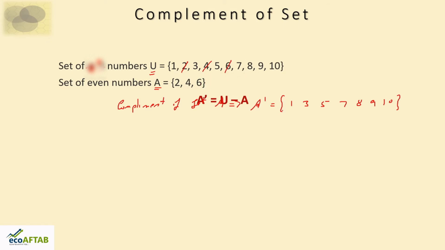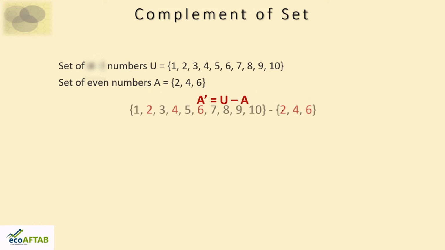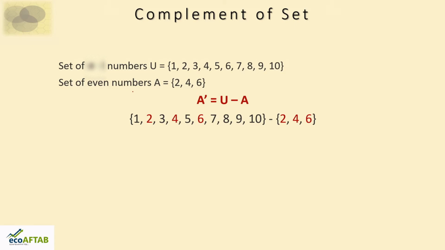So we write it as A dash is equal to U minus A, where U is the universal set. As I said, 1, 2, 3, 4, 5, 6, 7, 8, 9, all these elements, minus set A, 2, 4, 6. So excluding this, whatever is left is A dash.